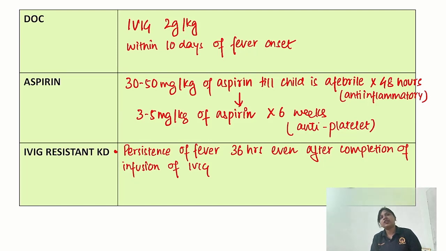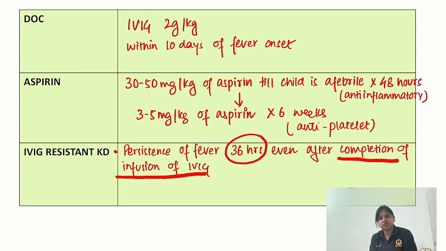This is a very, very important statement. The timeline is 36 hours, and it is from completion of infusion of IVIG. So persistence of fever 36 hours even after completion of infusion of IVIG is what we call IVIG resistant KD.